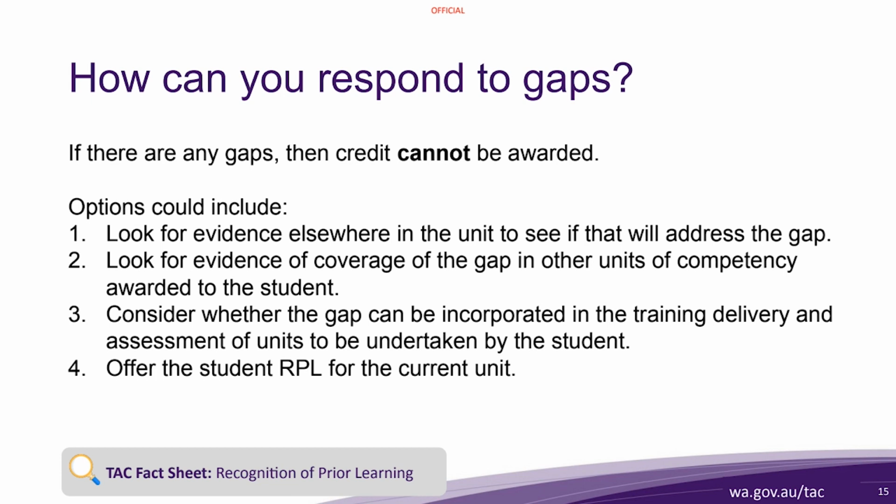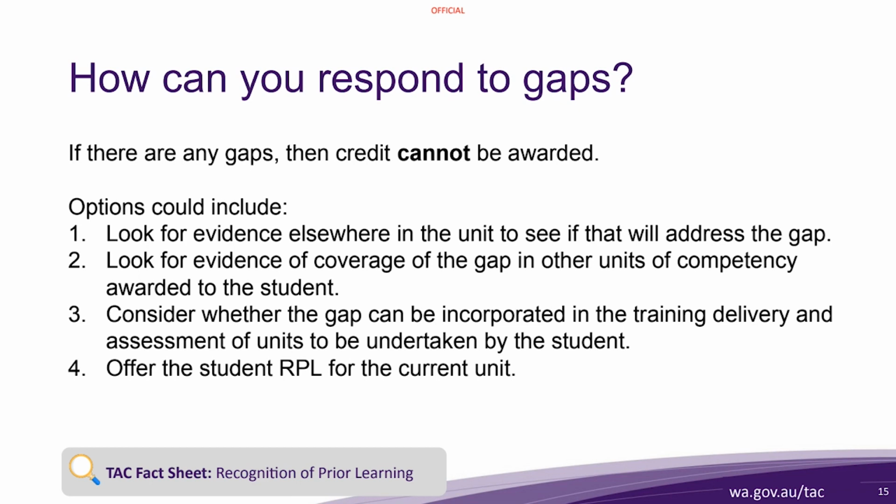So you can see that there's going to be the need now not for just an administrative process, but for an expert process. And what we're saying to a student is, we're not denying you credit, we're exploring the possibility of credit. And if credit can't be automatically awarded or cannot be awarded on a straightforward basis, then we will look to see if we can preserve the integrity of the current unit of competency through options of this kind.